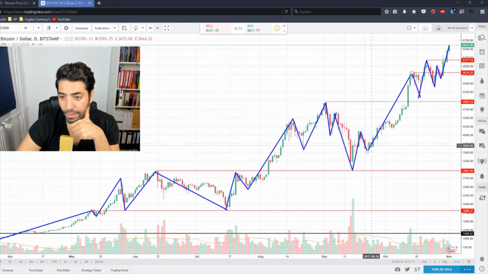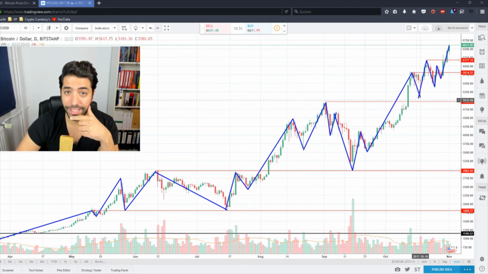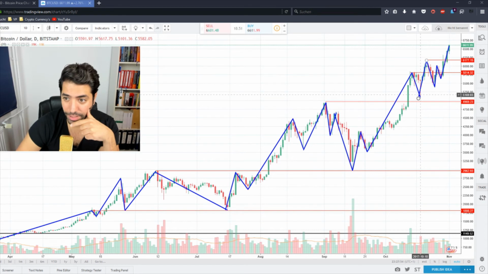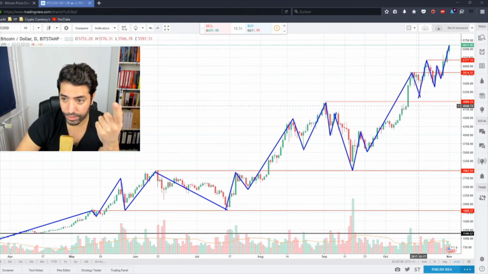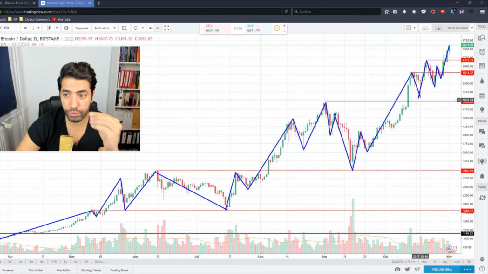But then you see we broke through this resistance, came down, this time not to this exact point, this support line, the former resistance, now the support, but a little bit above. Again, think about it, give some room for the price.